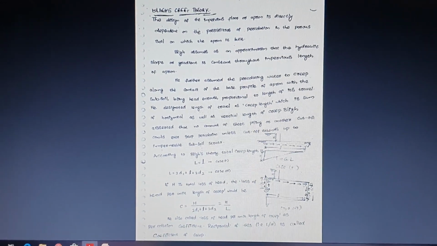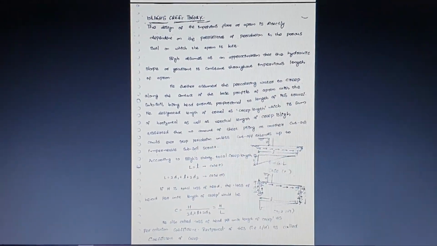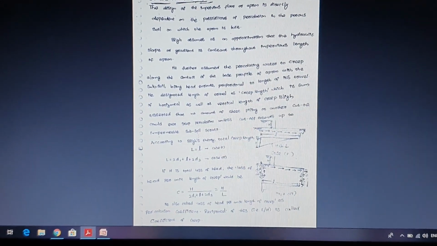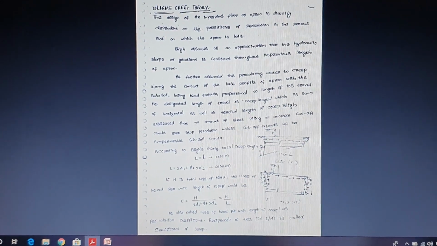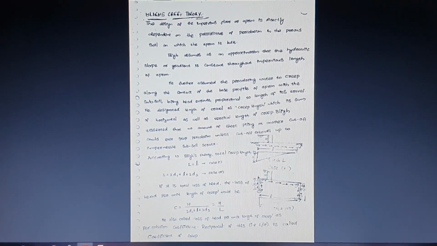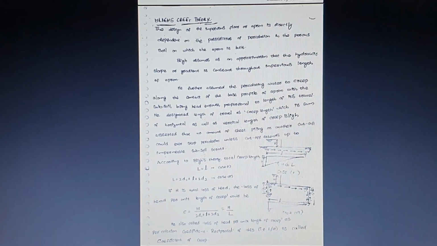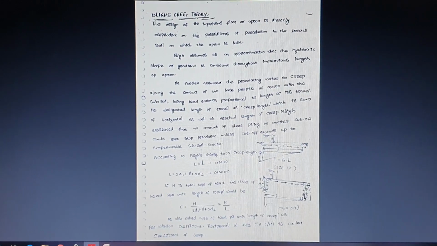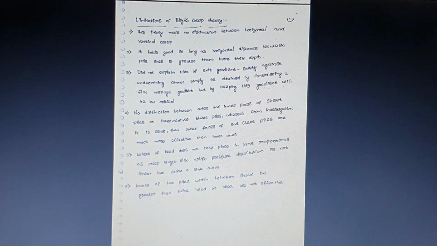So head loss will be calculated. Head loss per unit length of creep is small c, equal to head loss divided by the length. If we have no piles, that is case 1, and if you have piles on both sides, that is case 2. These are the assumptions of the Blitzkrieg theory.